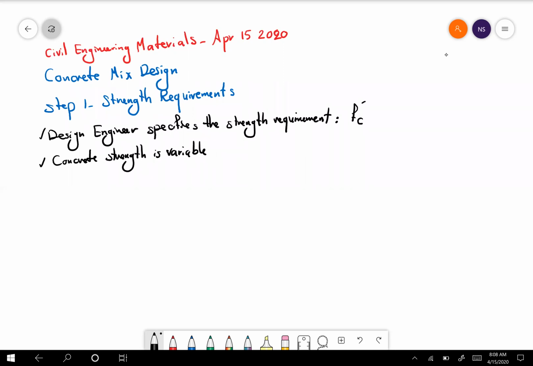It means that the final product can have a higher level of strength, but it cannot be lower than what the design engineer has designed and required for the concrete element.